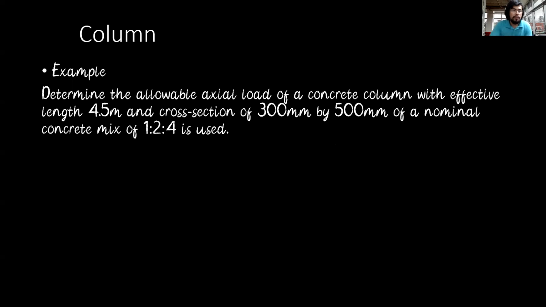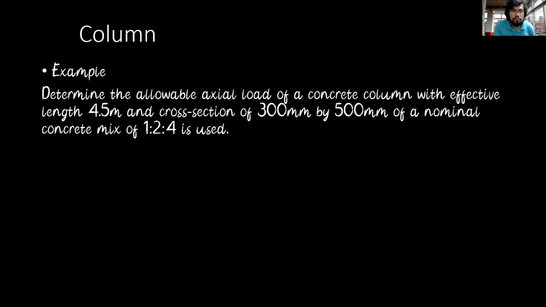Right, example. Determine the allowable axial load of a concrete column with effective length 4.5 meters and cross-section of 300 millimeters by 500 millimeters of a nominal concrete mix 1:2:4.